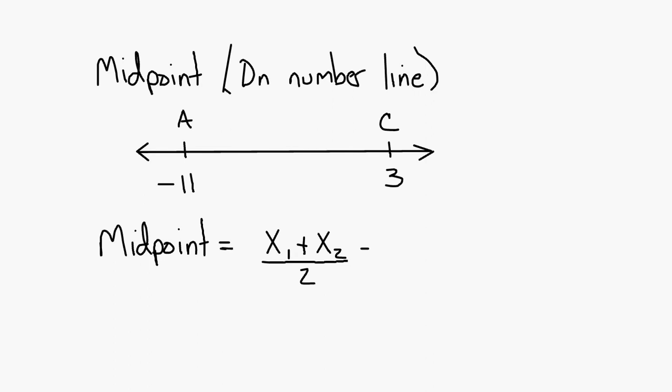So in this case, you've got negative 11 plus 3, and you're going to divide it by 2. What's negative 11 plus 3? Negative 8 divided by 2 equals negative 4. So if you're asked to find the midpoint of AC, the midpoint is going to be at negative 4.